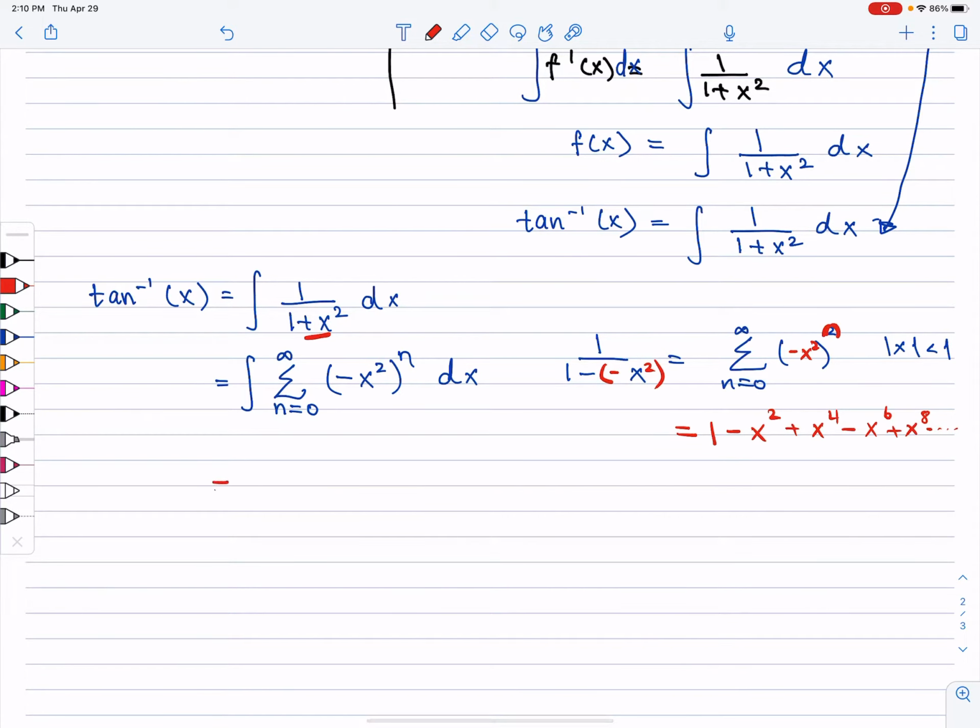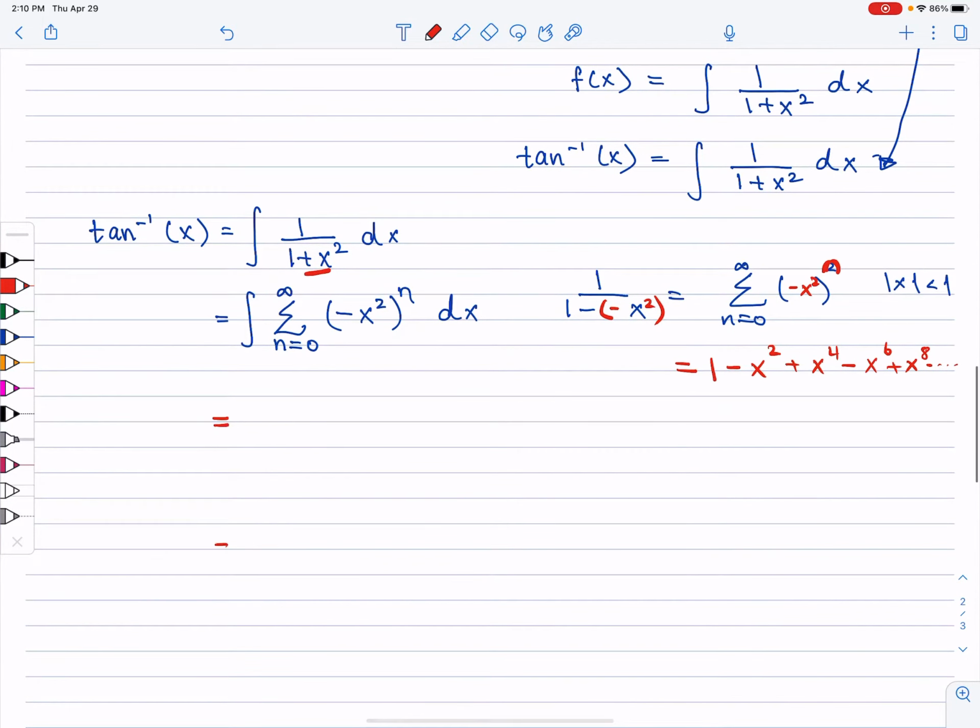So if we wanted to, we can substitute that in here. So we would have something along the lines of the integral of 1 minus x squared plus x to the 4th minus x to the 6th plus all the way towards infinity, and then we have dx.